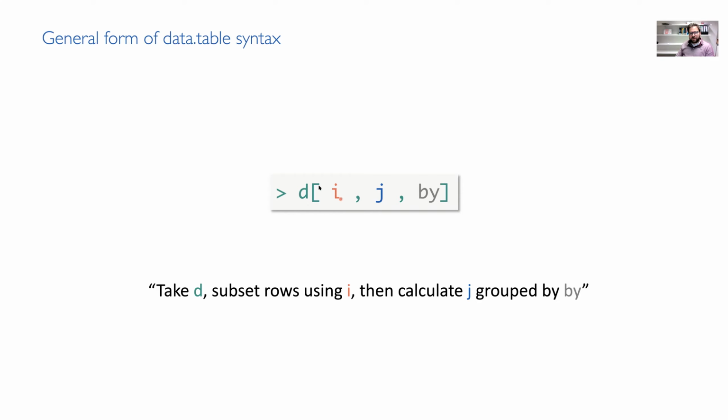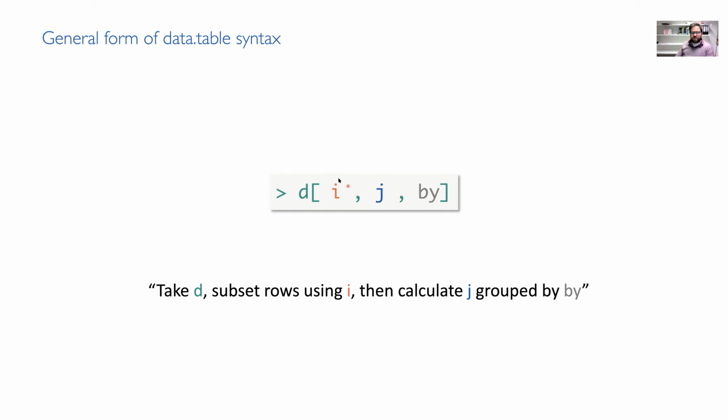So now we take this data table D, and in squared brackets we have three arguments. Yeah, and the way you read these three arguments is that you take the data table D, and then the first argument operates on the rows.